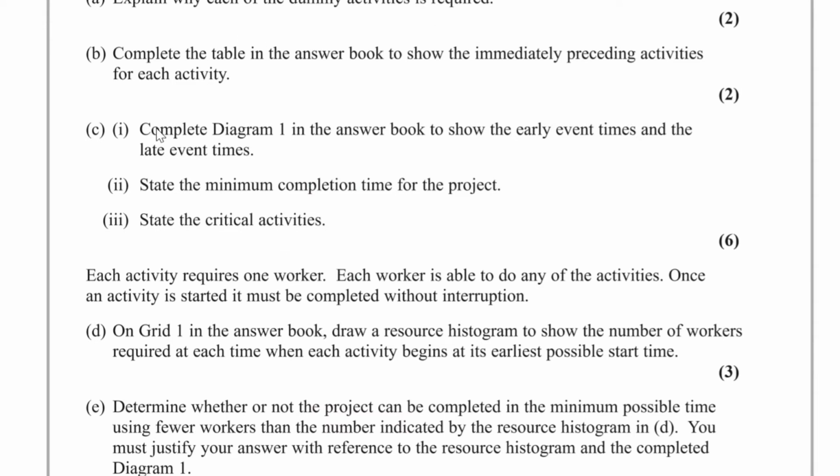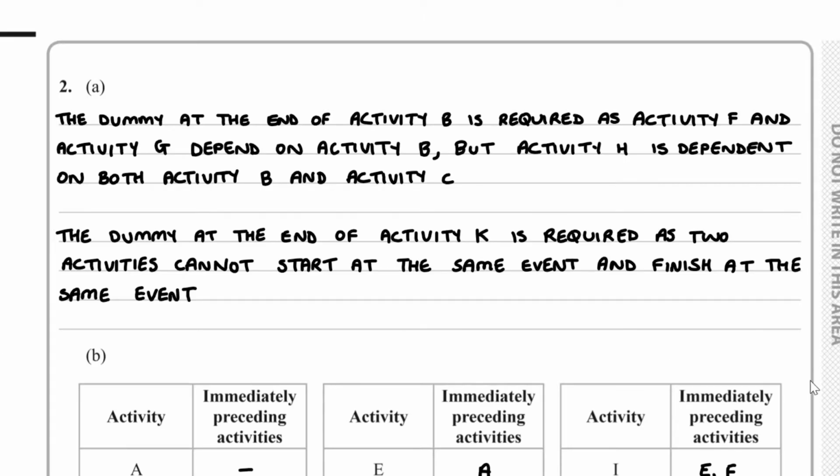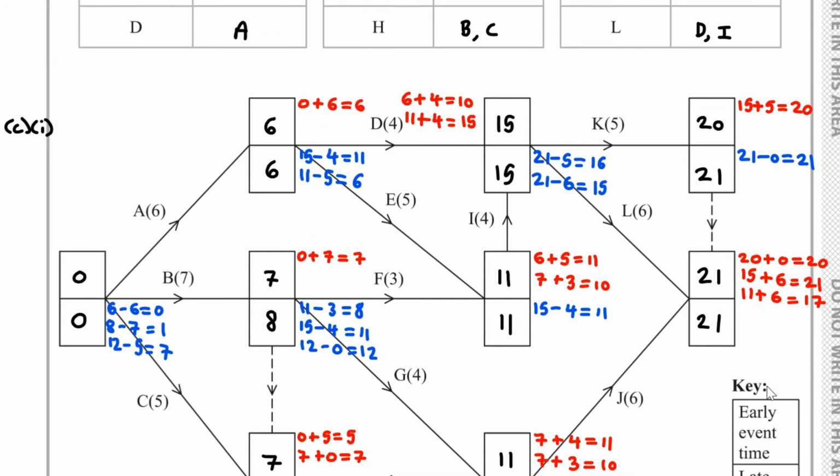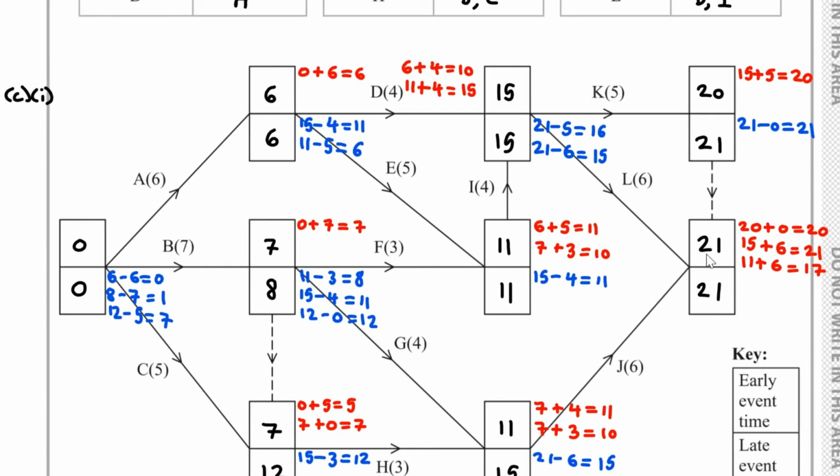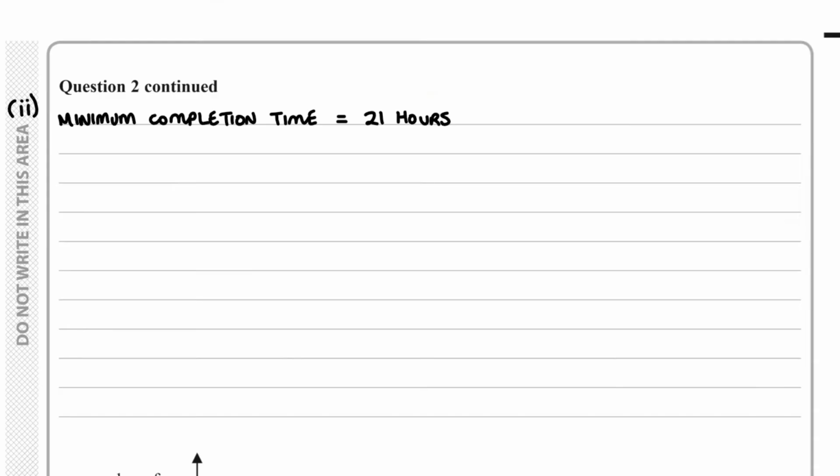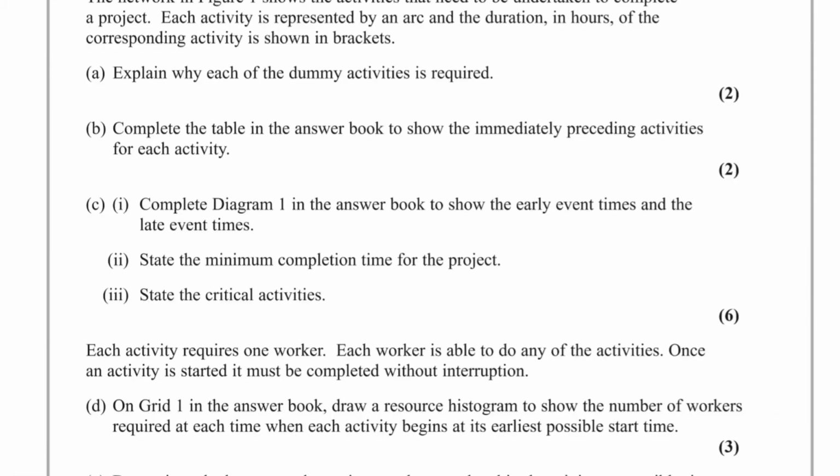For the second part of part C, we have to state the minimum completion time for the project. So if we take a look at diagram 1, you can see here the minimum completion time for the project is 21 hours. And for the third part of part C, we have to state the critical activities.